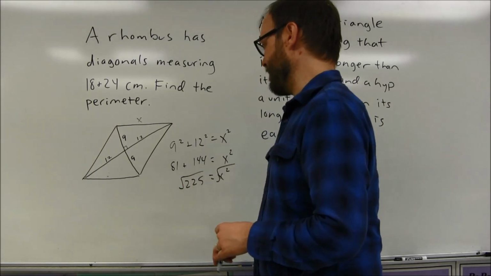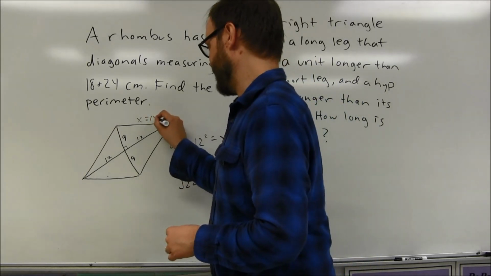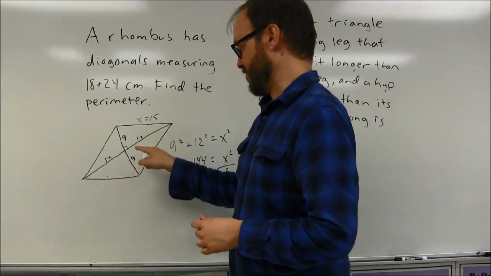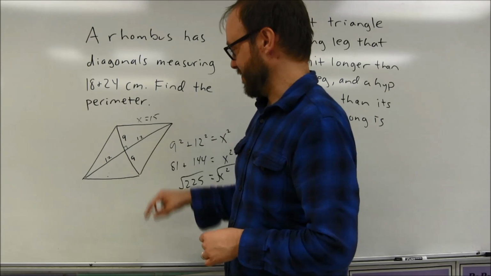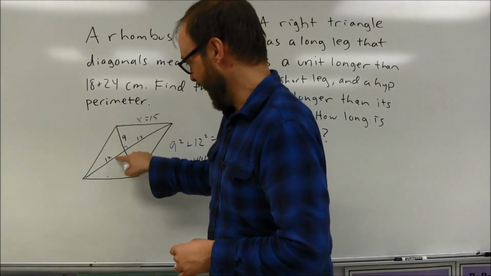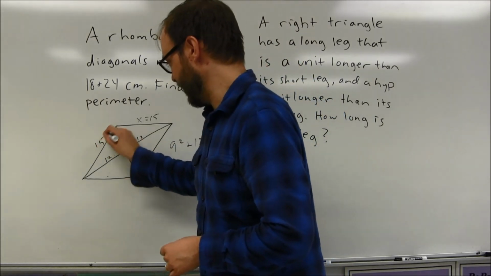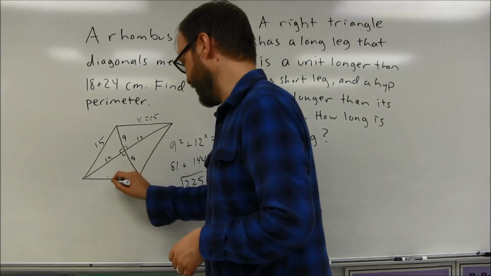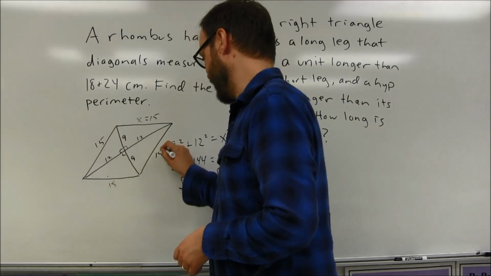When we work through that, that means x is going to be 15 units. So I've got little right triangles with side lengths of 9, 12, and 15. We've got 9, 12, 15 over here. Remember, it's a rhombus, so all 4 sides are going to be 15. We have another 9, 12, 15 here, and we have another one there.